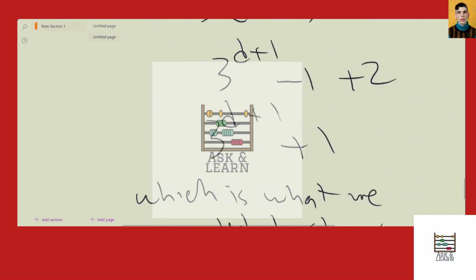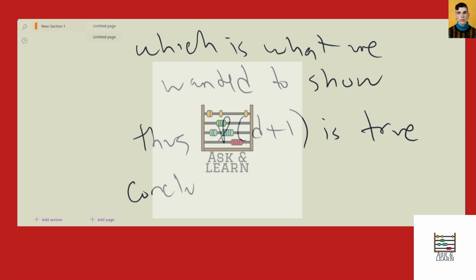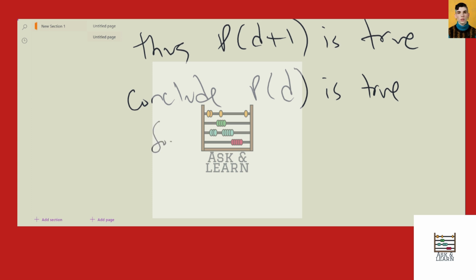So we've shown that it's true. So we know P of D plus 1 is true, and we can conclude P of D is true for all D, and that's how you do the proof.